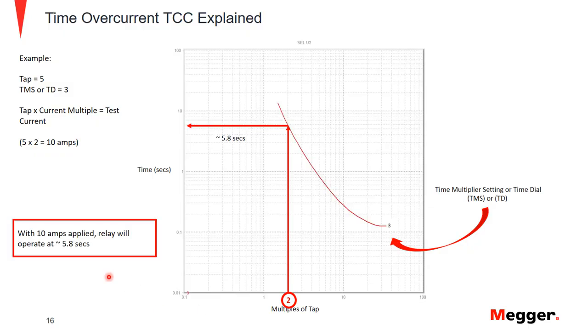So what we'll do is we'll also have the 10 amps applied, because we're actually going to do a tap of 5. We're going to come down here to a multiple of 2. So we're going to apply 10 amps, and the relay is going to operate somewhere in the 5.8 second range, give or take. And that give or take is actually going to be your tolerance levels that are on your relay as well.